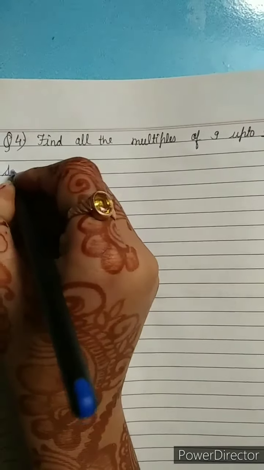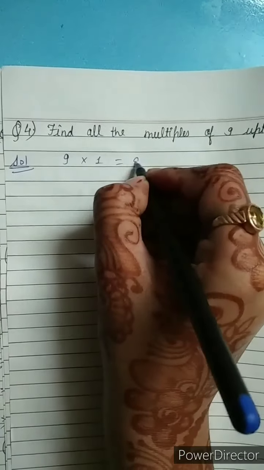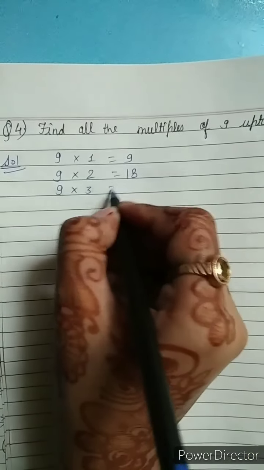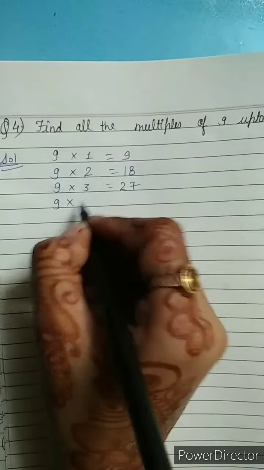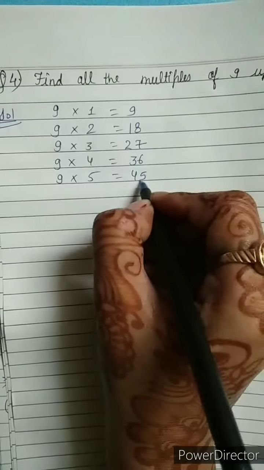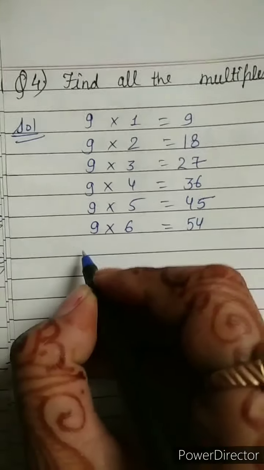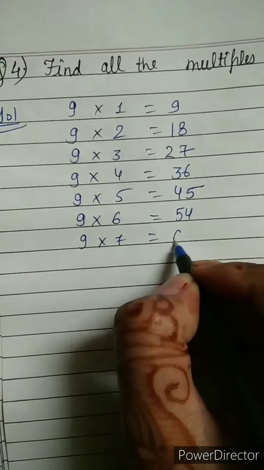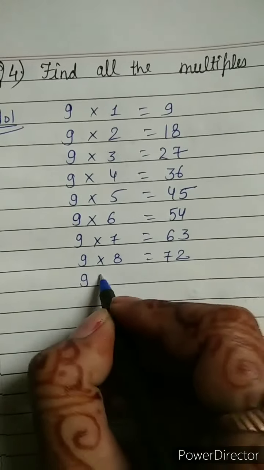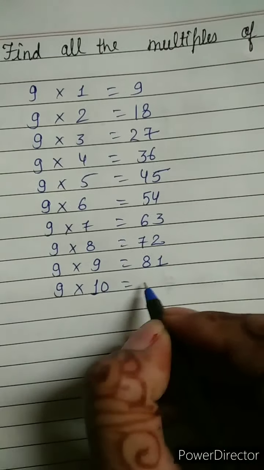Okay, so we start from the first one. 9 1s are 9, 9 2s are 18, 9 3s are 27, 9 4s are 36, 9 5s are 45, 9 6s are 54, 9 7s are 63, 9 8s are 72, 9 9s are 81, 9 10s are 90.